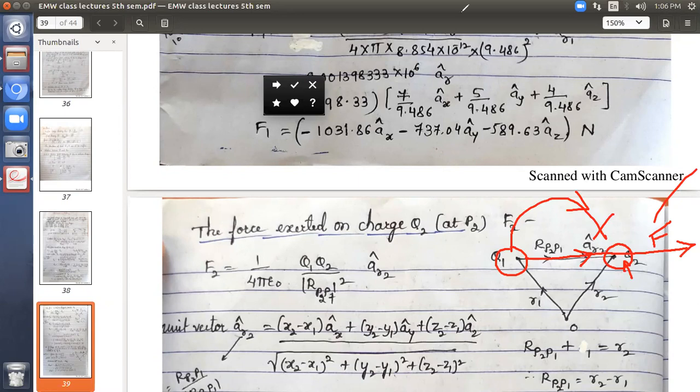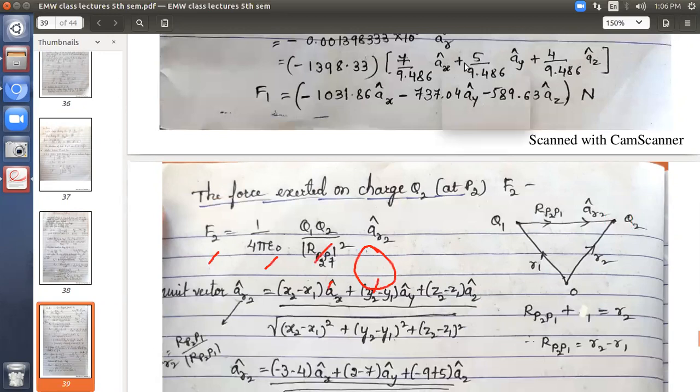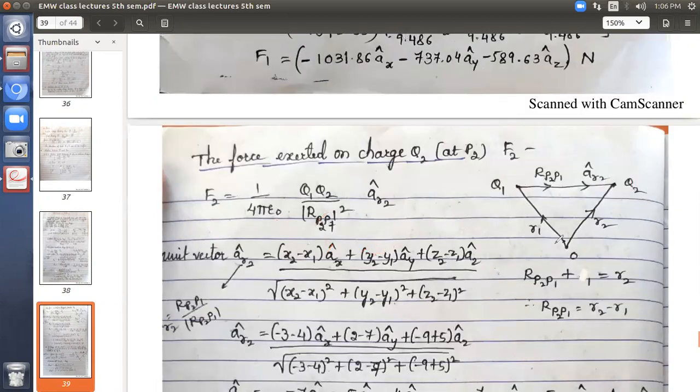So again, using a triangle for simplification, F2 is 1 by 4 pi epsilon naught, Q1 Q2 by the distance magnitude square into a R2. a R2 is important now. Now how to find a R2? Use the triangle, origin, some common origin point, R1 and R2. As I told you, the force on charge Q2 is due to charge Q1.